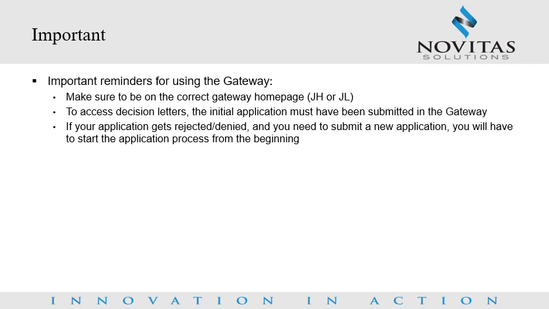The gateway will only populate the states within that jurisdiction. To access decision letters, the initial application must have been submitted in the gateway. Lastly, if your application gets rejected or denied and you need to submit a new application, you will have to start the application process from the beginning.